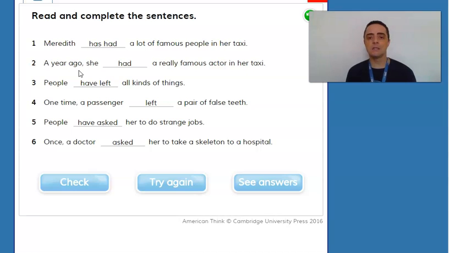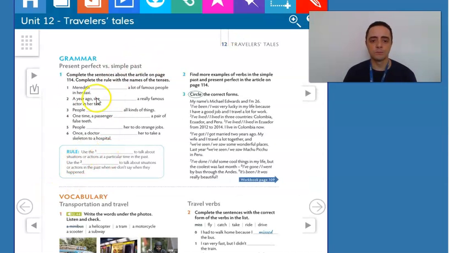When we don't need the specific time, we are going to use present perfect, like Meredith has had a lot of famous people in her taxi. It doesn't matter when. What's the most important thing here is that she has had a lot of famous people in her taxi. Let's go back to complete the rule.